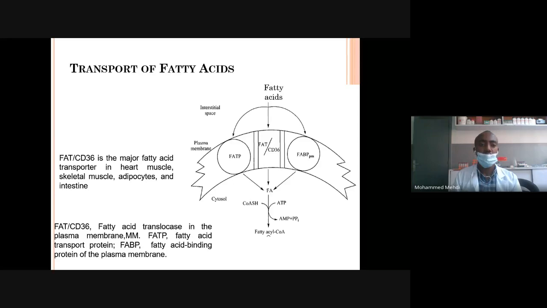So they will be taken into the muscle cell by using different transporters. There are membrane transporters or carrier molecules which can transport fatty acid into the cell. The first one is fatty acyl transporter or CD36. It is a membrane protein transporter for fatty acid.